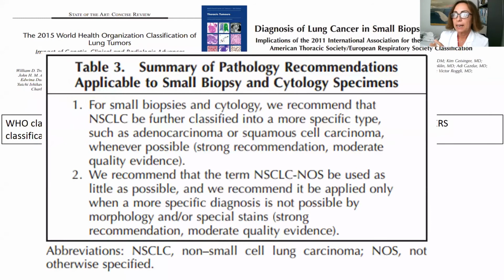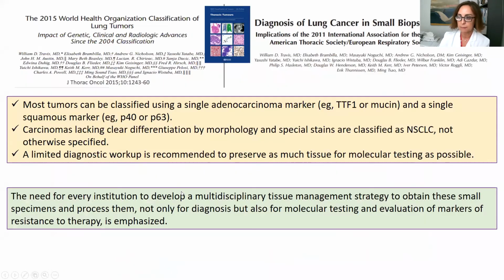The main idea of this classification is that for small biopsies and cytology, the recommendation is that non-small cell lung cancer be further classified into a more specific type, adeno or squamous. And they recommend that the term non-small cell lung cancer, not otherwise specified, be used as little as possible. This is the main goal.